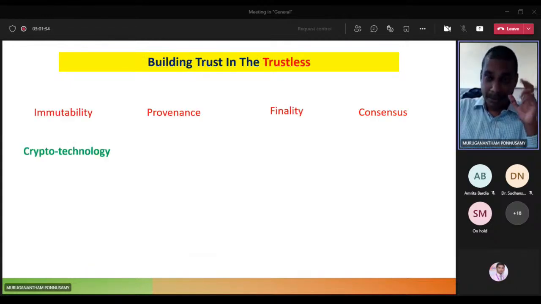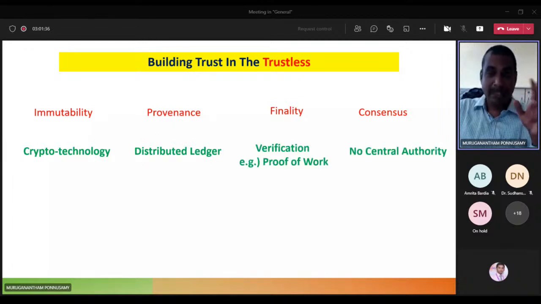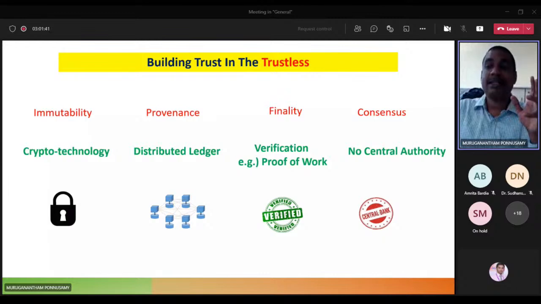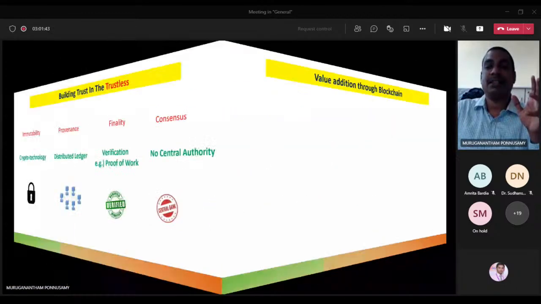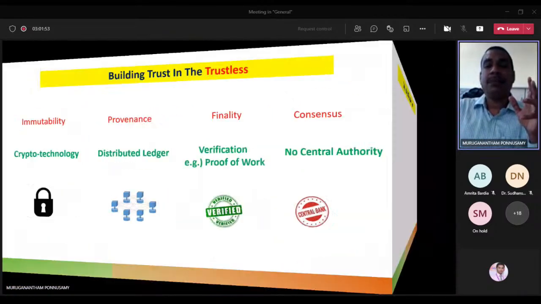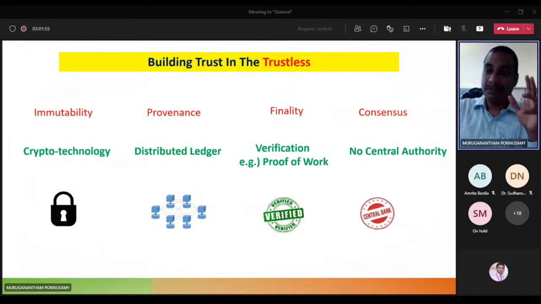So this blockchain technology, which is an emerging technology, is making trust in the trustless by means of immutability, provenance, finality, consensus, while the technology terms are crypto technology, distributed ledger, proof of work, and no central authority.